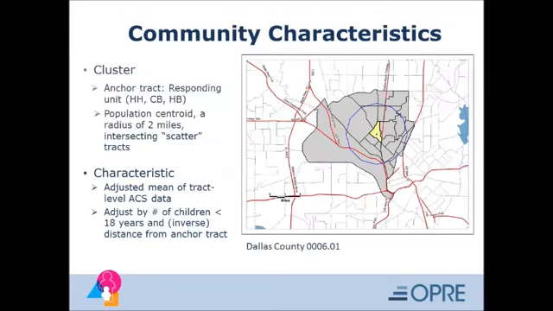The community characteristics, I think you've probably understood by now, are exploiting the cluster design, although in this case, for a provider community characteristic, we may be centering on the provider's location and describing the area around the provider, not necessarily the area around a household.